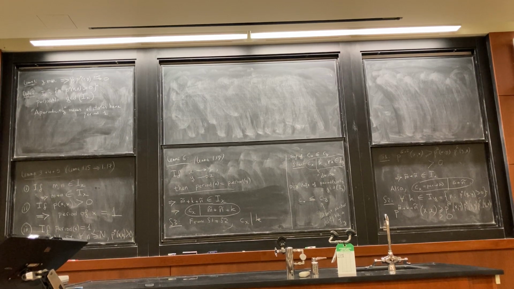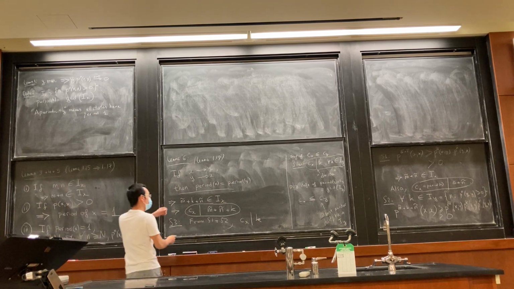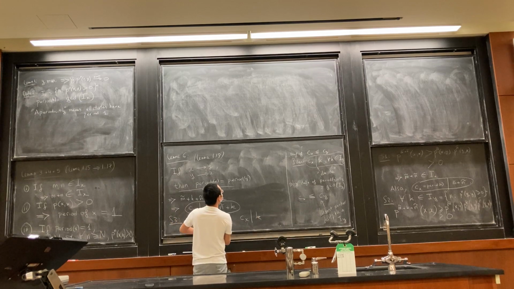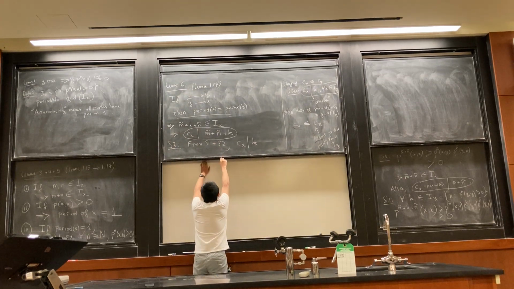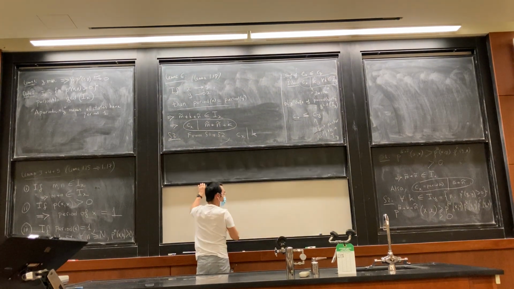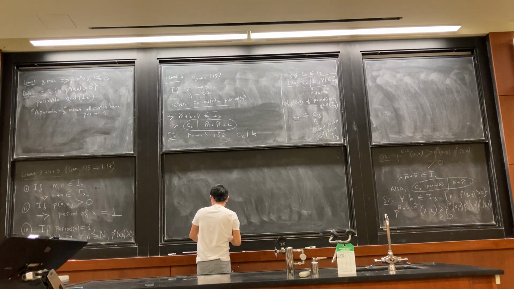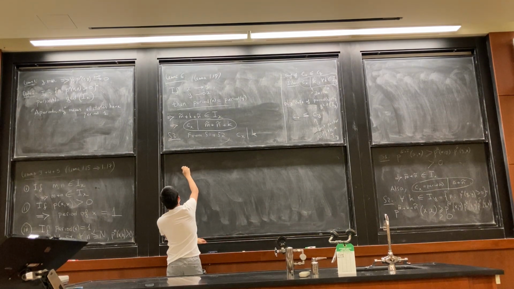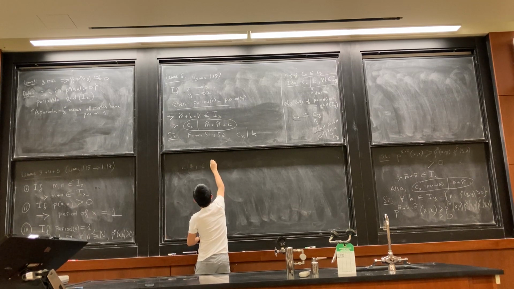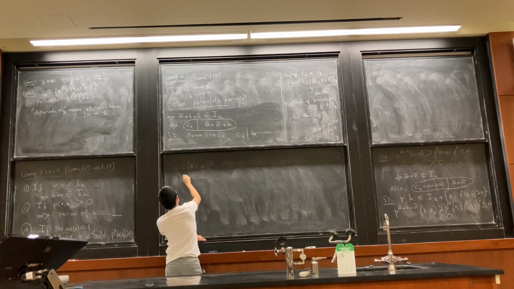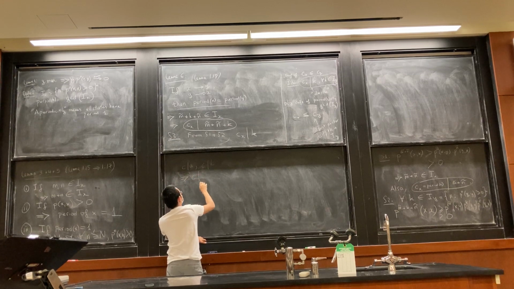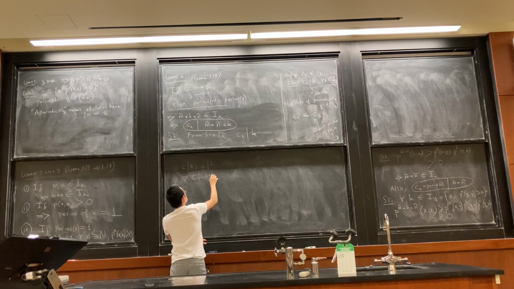Well, I guess that's just a property of integers. So if C divides A and C divides B, then C must divide the sum, maybe the difference.